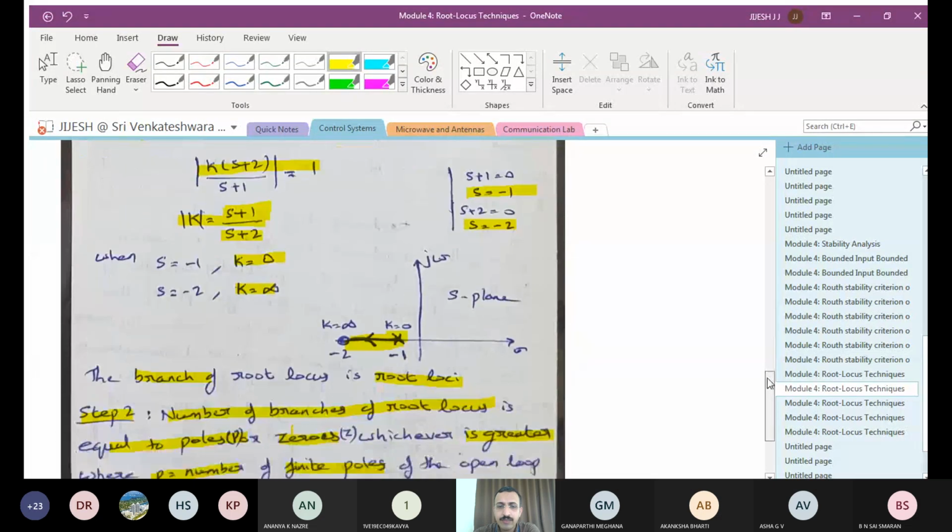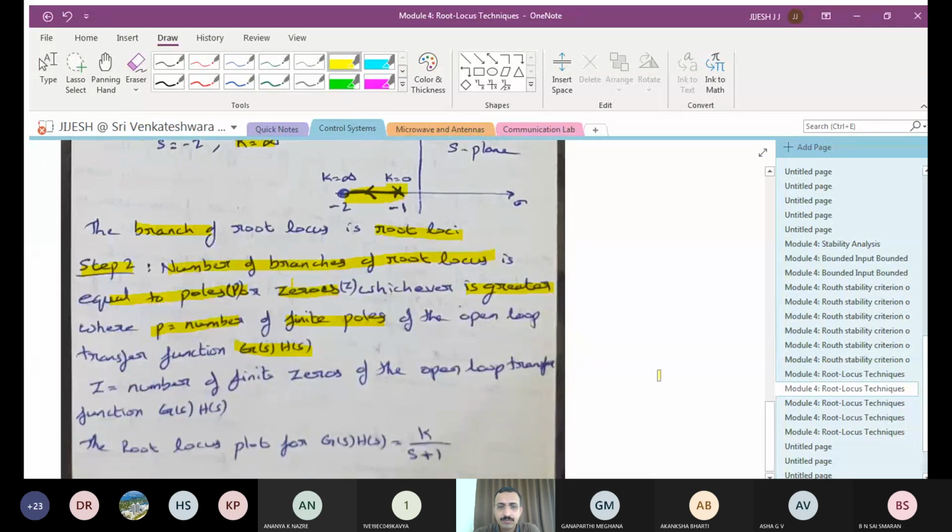So here we also have to find out the number of poles and the number of zeros, and whichever is greater. Sometimes the number of poles will be 3 and the number of zeros will be 2, so the number of poles is greater. That is what you have to consider.